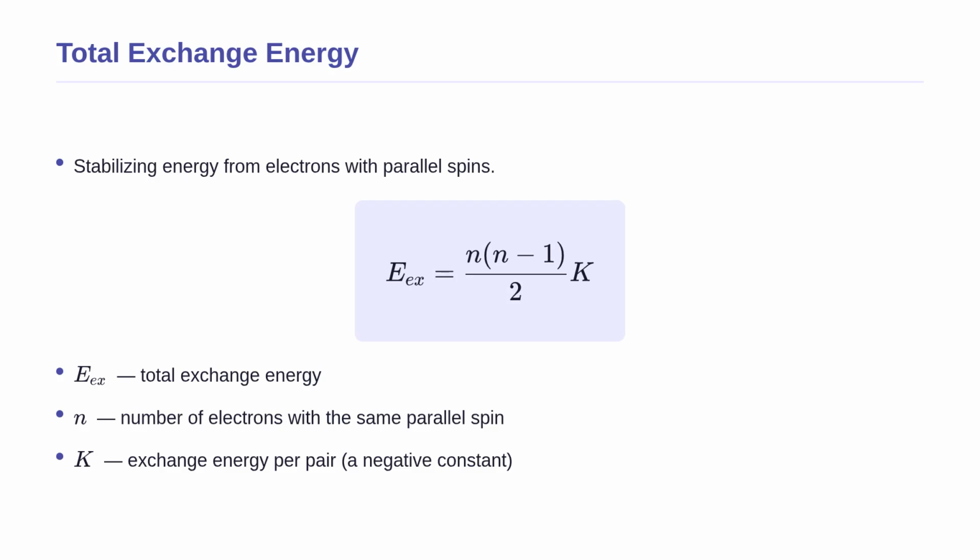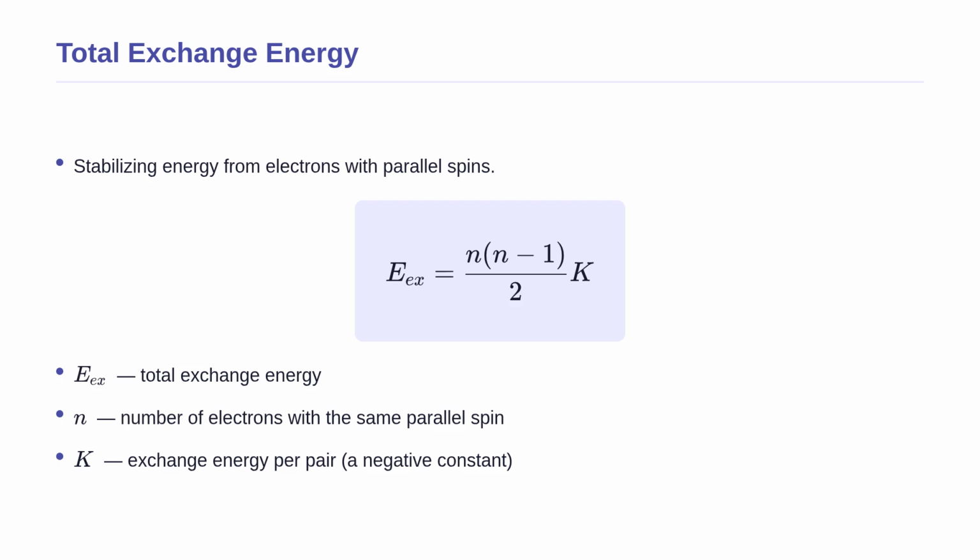Beyond just spin, there is another reason why parallel spins are favored, and it comes from exchange energy. This formula shows how we calculate it. E_ex equals n times (n minus 1), all divided by 2, multiplied by K. E_ex stands for the total exchange energy, which is a special stabilizing energy that occurs when electrons with the same spin are in degenerate orbitals.